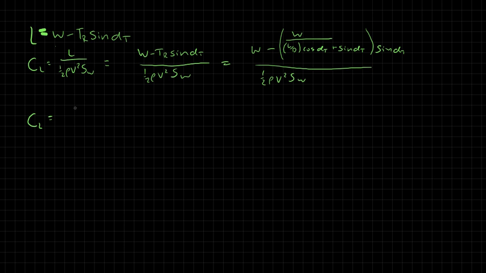CL equals W over 1/2 rho V squared SW times 1 divided by 1 plus D over L tangent of alpha t. Okay, so now here is an expression for the lift coefficient for an aircraft that does not have a nearly zero thrust angle.